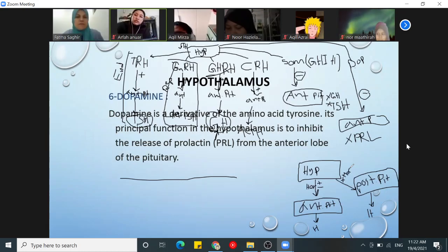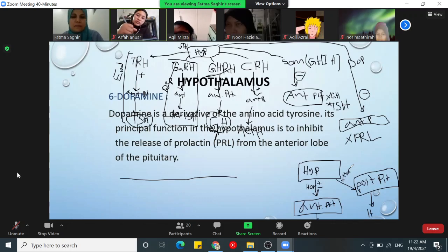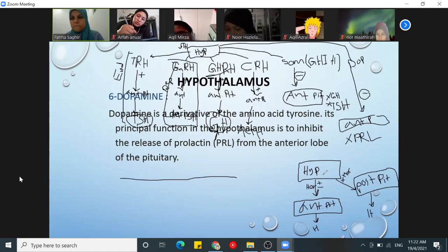Maybe I did something wrong. What do you think? Okay. Anyone knows why the connection between hypothalamus and anterior pituitary is hormonal connection? Neuronal. Okay, so anterior pituitary receives hormones from hypothalamus. Posterior pituitary doesn't receive any hormones.